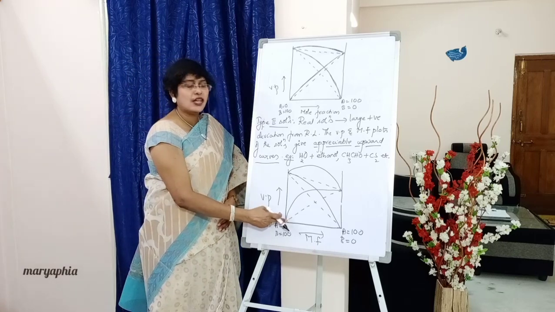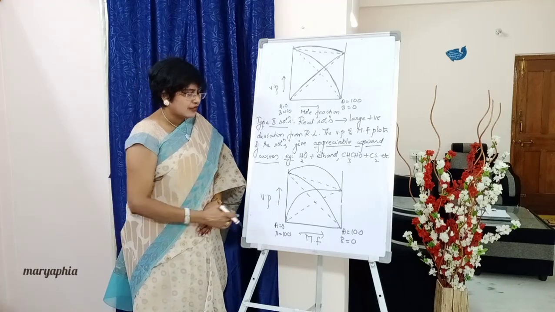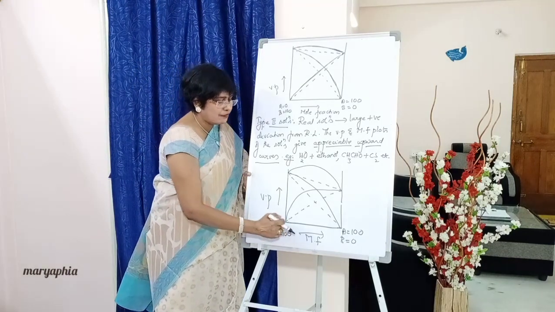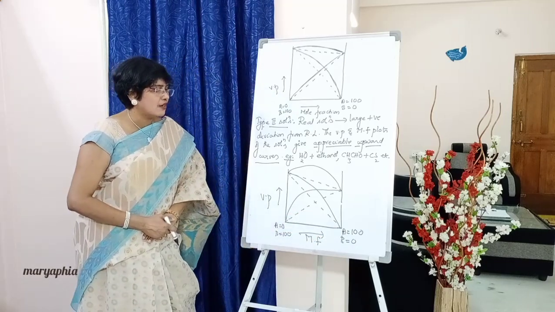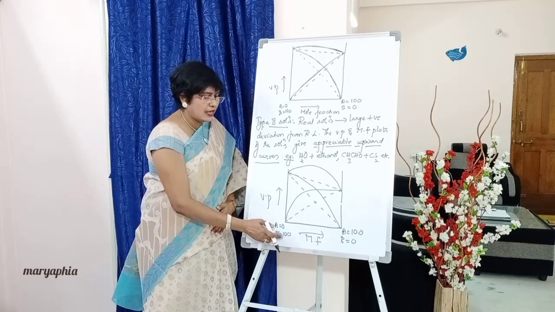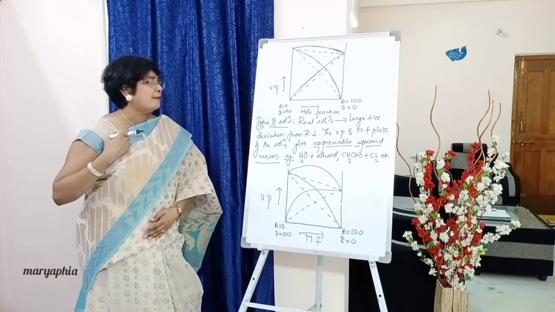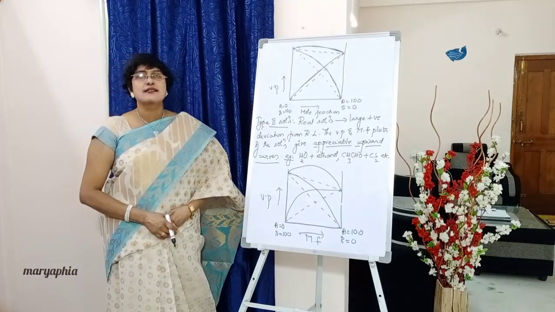Next, appreciably upward curves. Again, starting with A 0% and B 100%. As we move from here to here, A becomes 100 and B becomes 0. The composition between A and B is nothing but mole fraction. So we get the appreciably upward curves in the case of type 2 solutions.